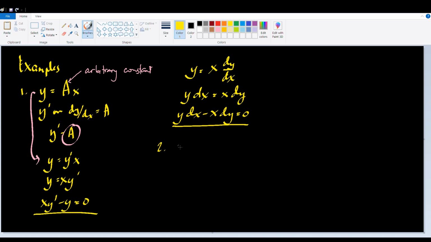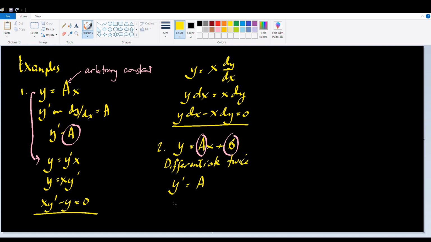Next, we have y equal to ax plus b. What we have here are two arbitrary constants, a and b. So what we will do is differentiate twice. First derivative: y prime is equal to the derivative of ax, which is a, plus the derivative of b, which is 0.